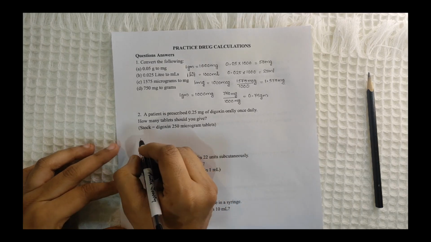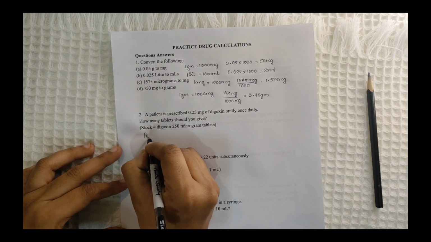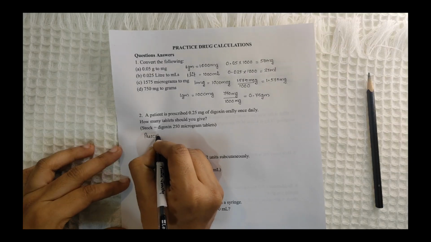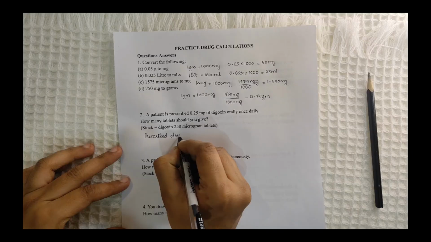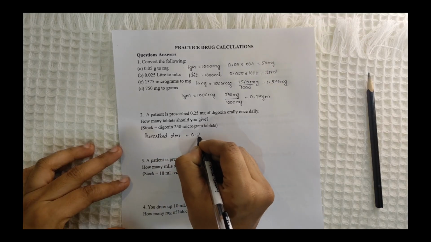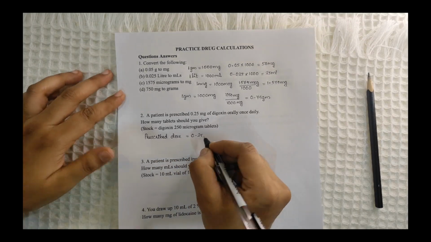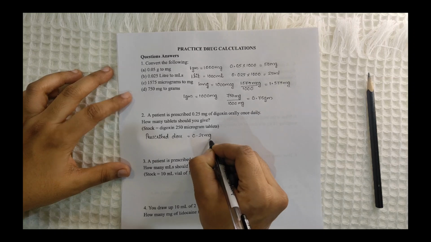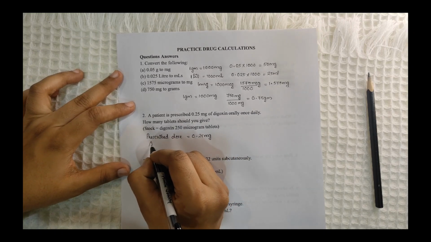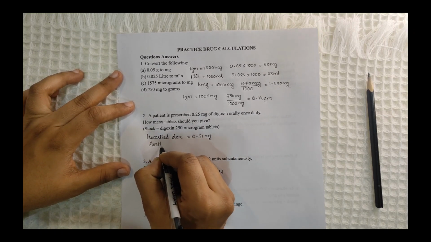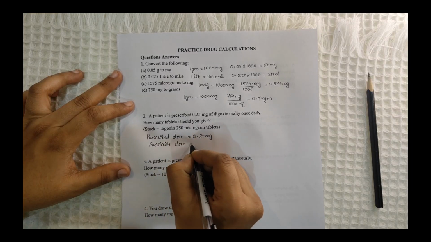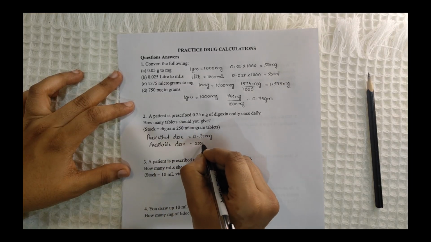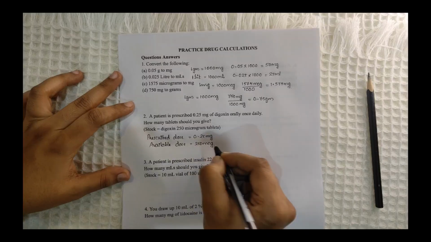So, the prescribed dose is equal to 0.25 milligram and the available dose is equal to 250 microgram.